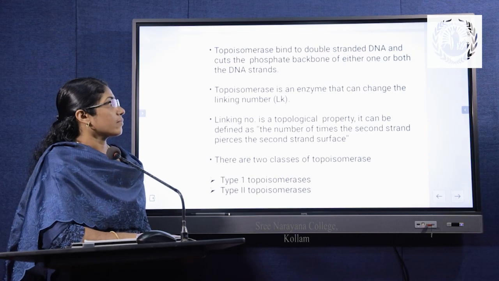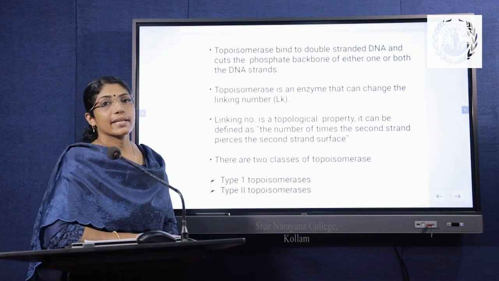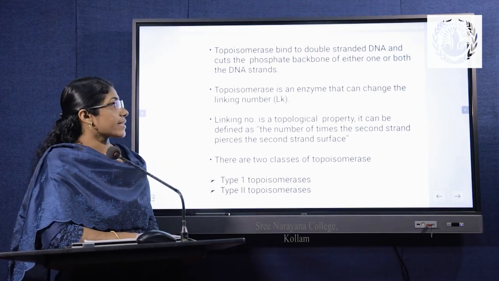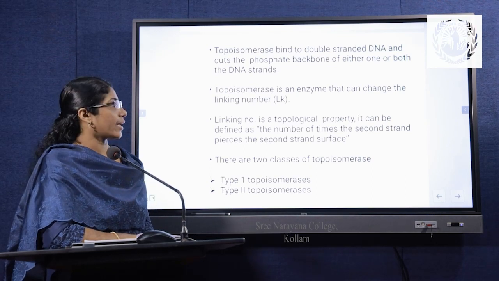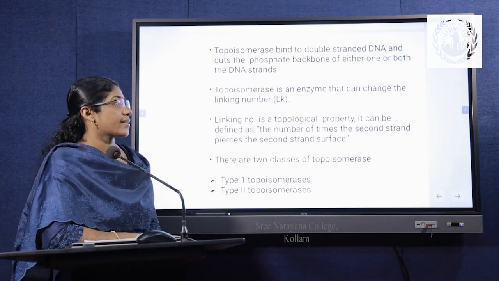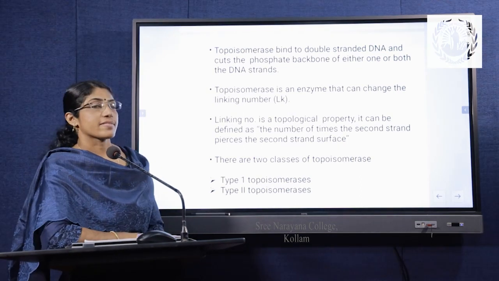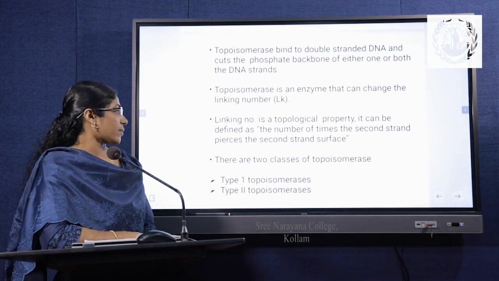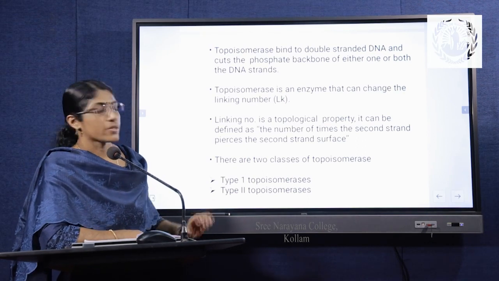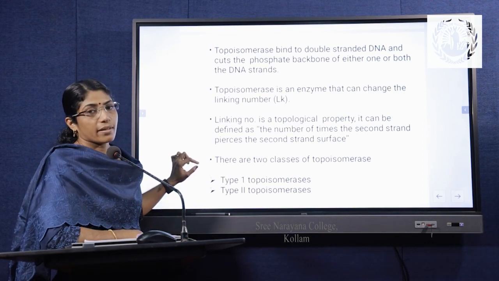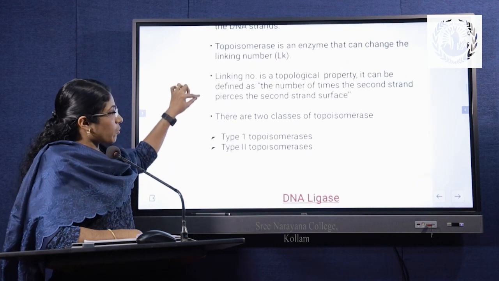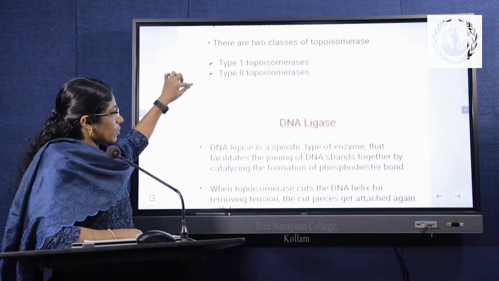Topoisomerase is an enzyme that can change the linking number. Linking number is a topological property of DNA molecules. It can be defined as the number of times one strand pierces the surface of the other strand. There are two classes of topoisomerases, type 1 topoisomerase and type 2 topoisomerase.